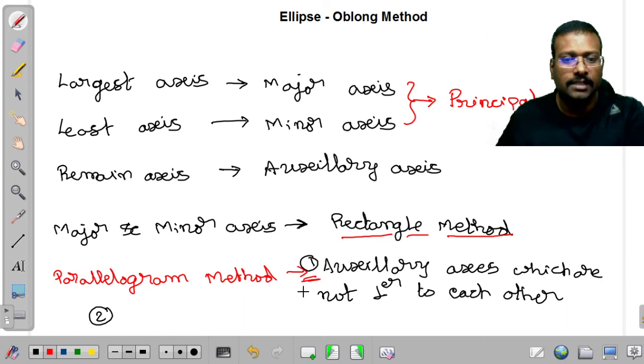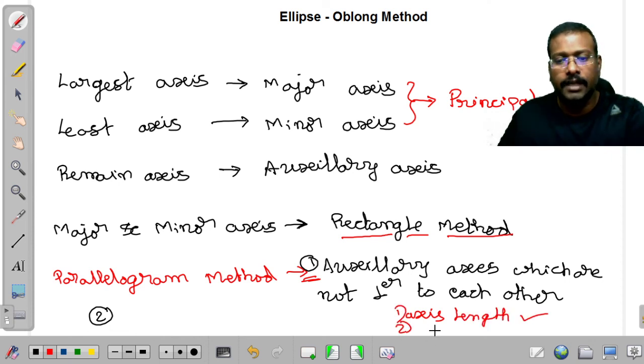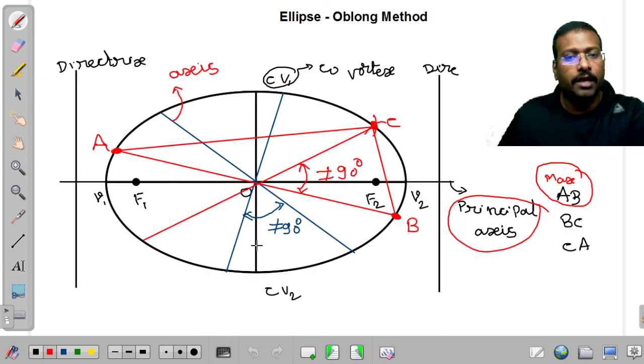In the first case, they will give the length of the first axis and the length of the second axis, along with the angle between them. These three pieces of information they will give. But in the second case, 3 points are given, meaning they give the different lengths. Instead of giving the angles, they give the points. With respect to those points, we can get the ellipse by using the parallelogram method.